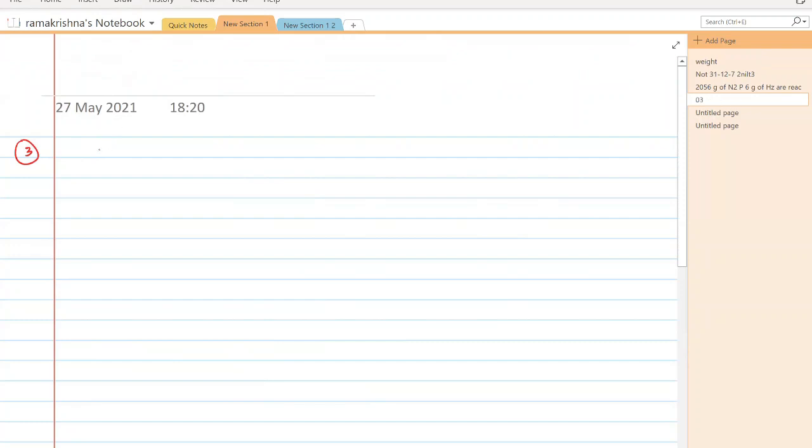So I am taking 14 grams of N2 and 6 grams or 10 grams of H2 reacting to form NH3. That's it. Nothing else is given.